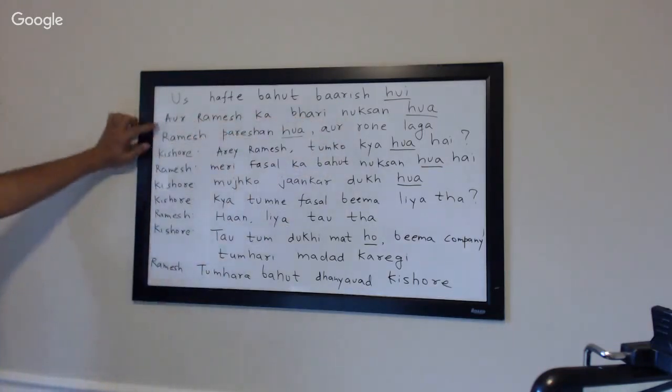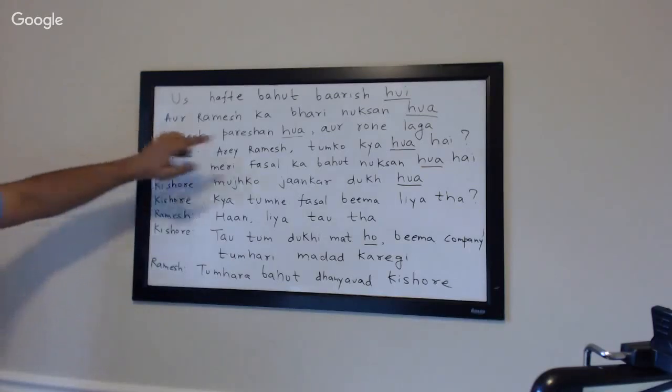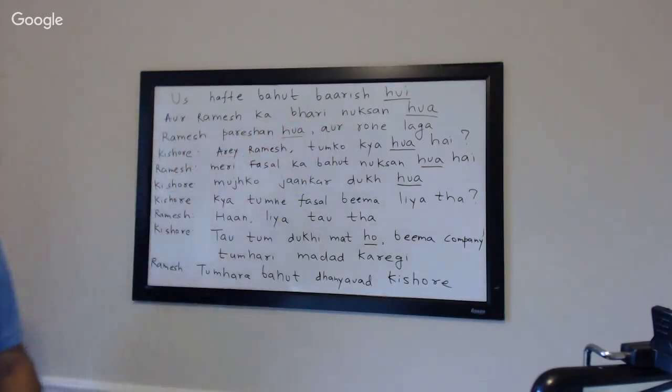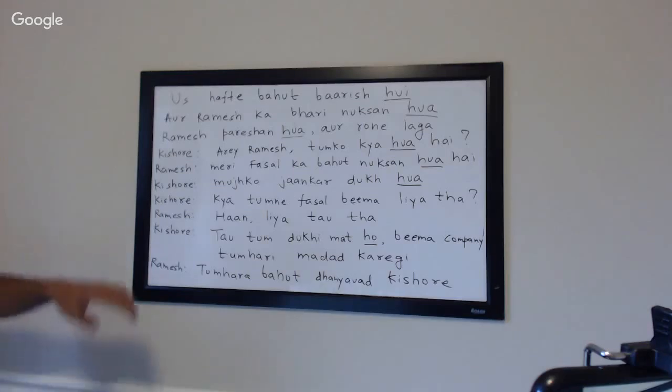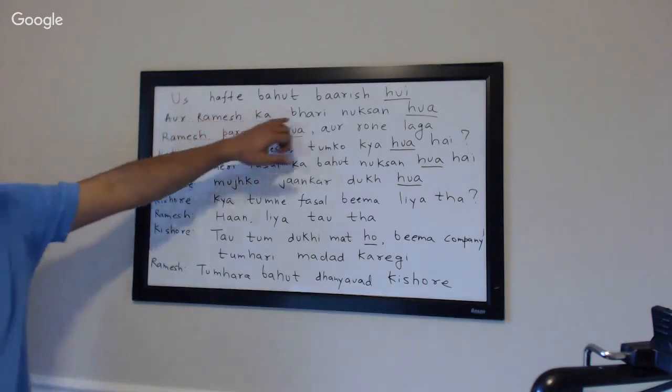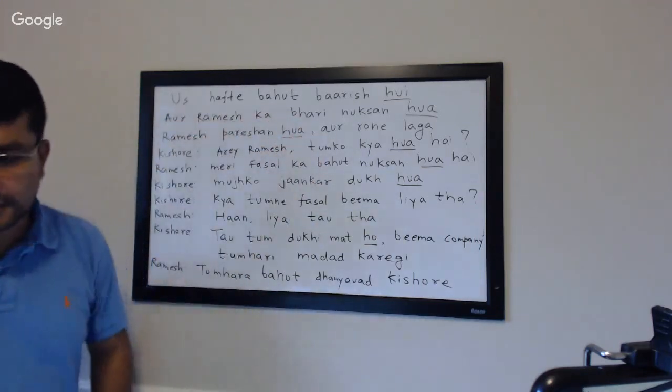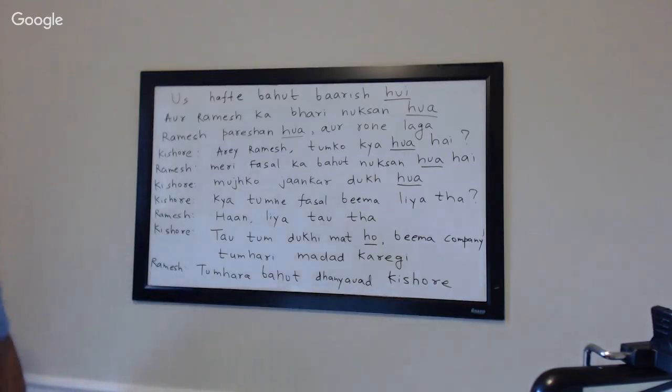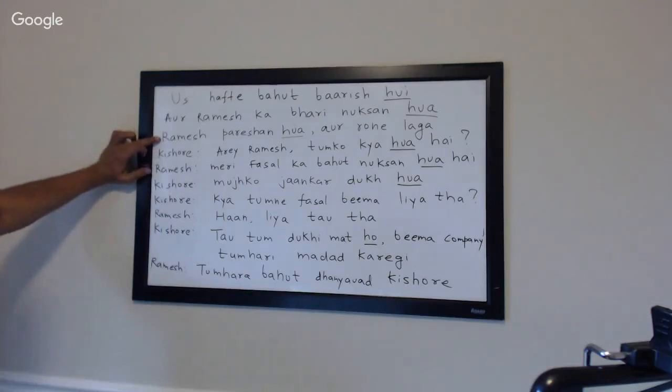Nuksan hua. And Ramesh had been a big loss. But basically, Ramesh ka bhari nuksan hua. That Ramesh had heavy losses, or Ramesh had hefty losses. Okay. Ramesh परेशान हुआ और रोने लगा. Ramesh was very upset.